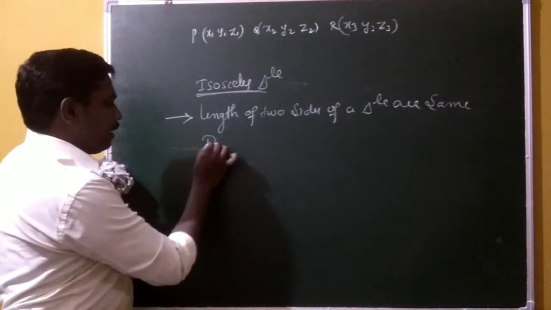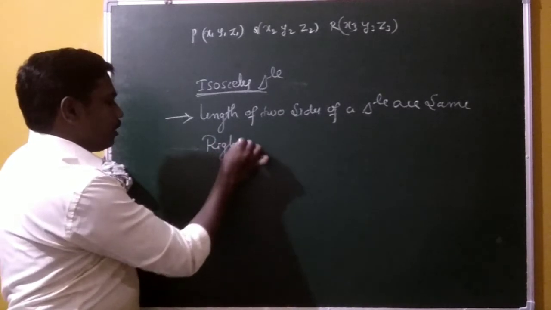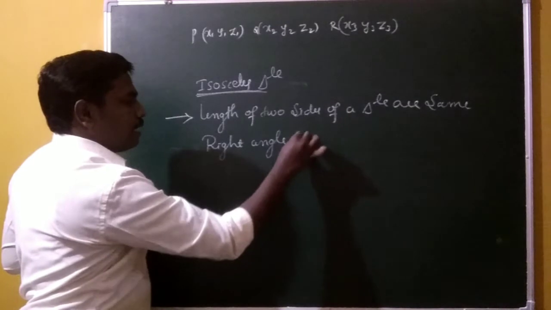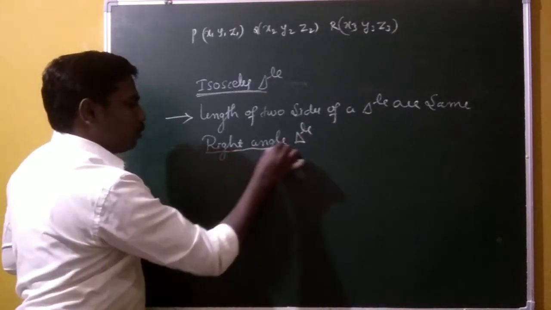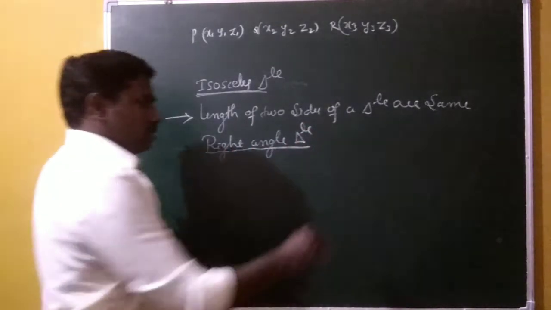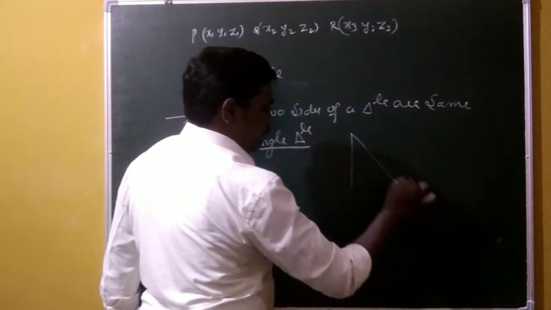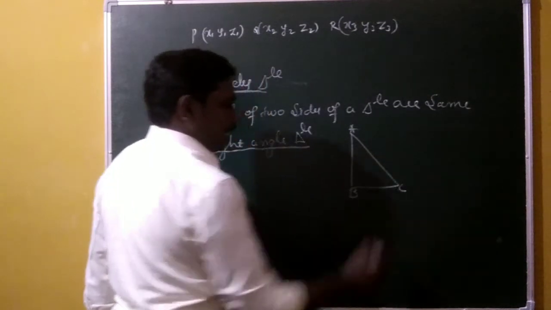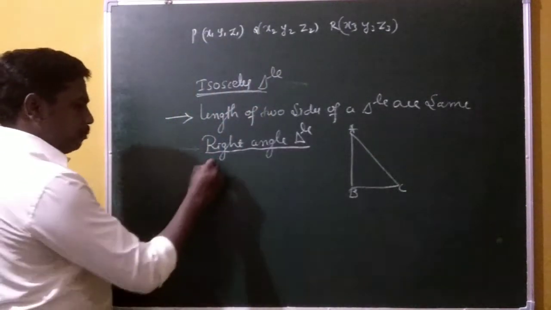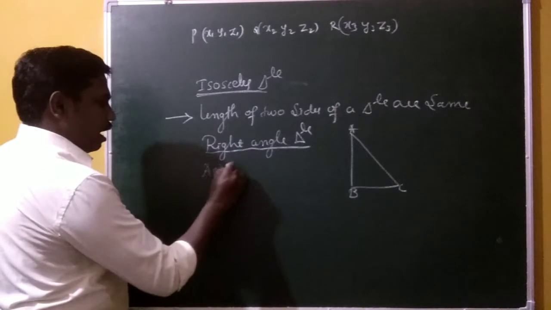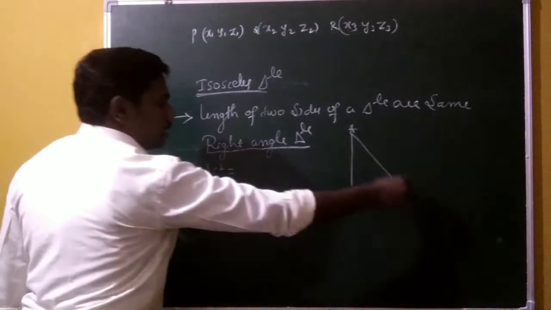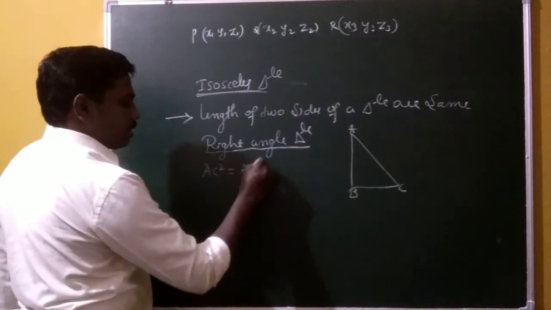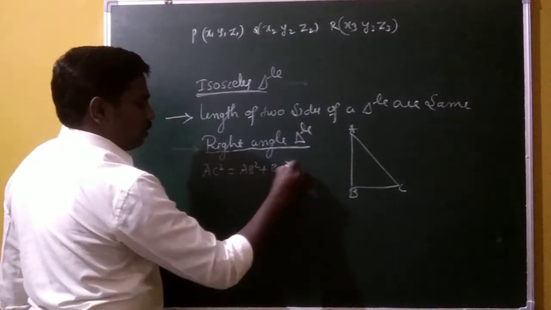Next one, a right angle triangle. So how to show a right angle triangle? Suppose this is ABC, this is the right angle triangle. The square of the hypotenuse, that is the distance AC squared, is the same as the sum of squares of the other two sides.